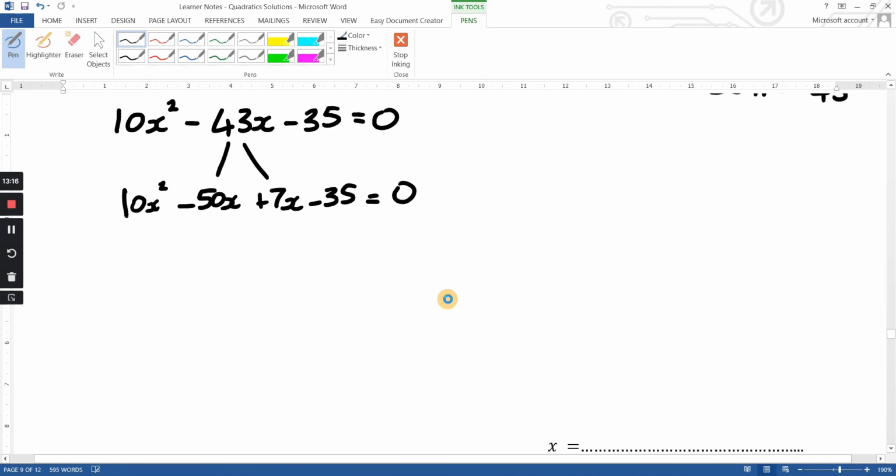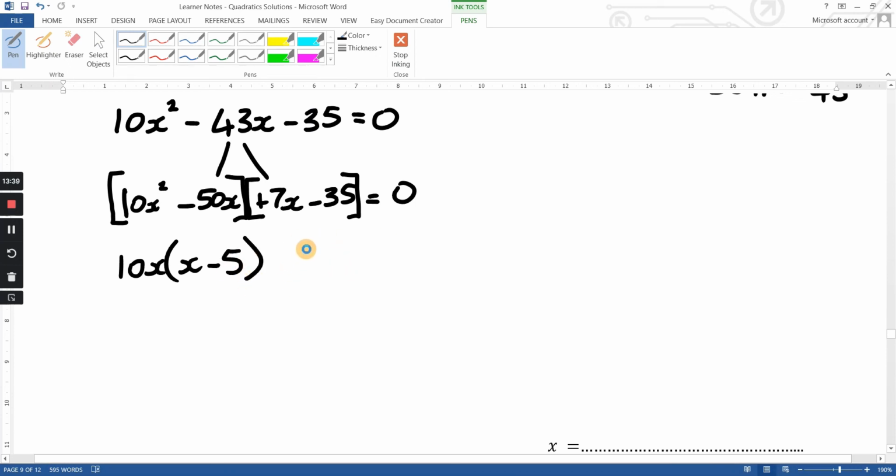And now factorize this, factorize this. So I can take out 10x. That leaves me with x minus 5, isn't it?